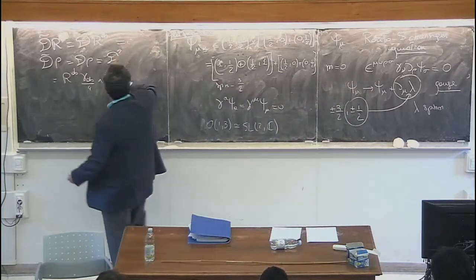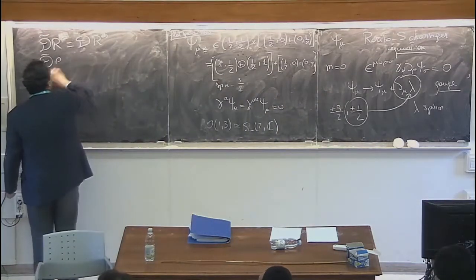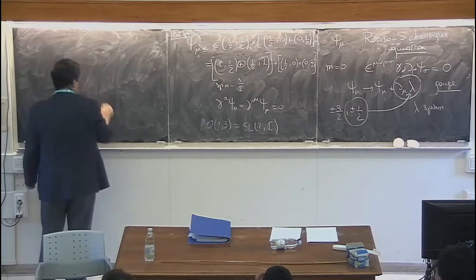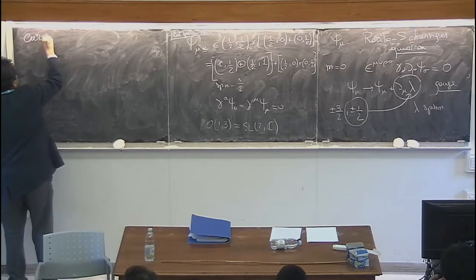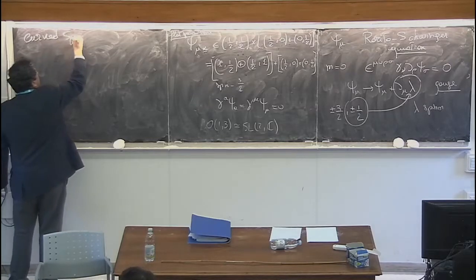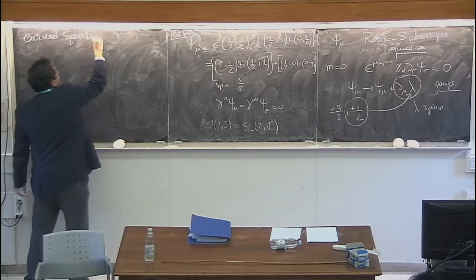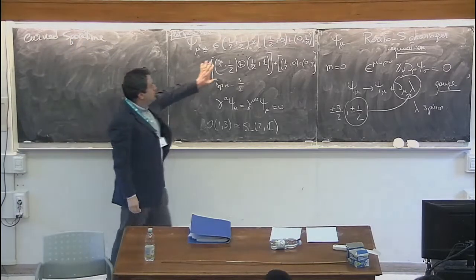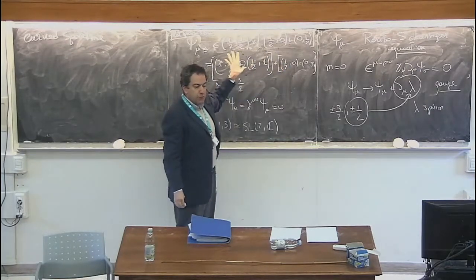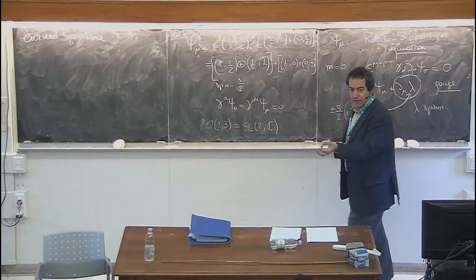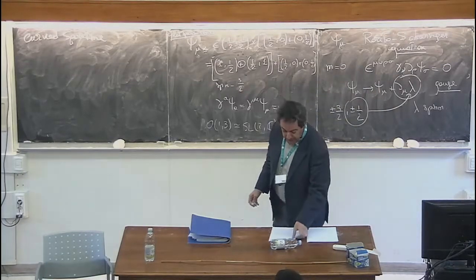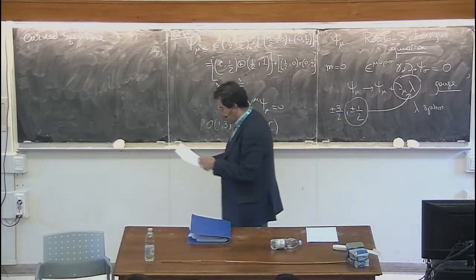Now, what happens in curved space-time? Well, in curved space-time, this group theoretical characterization refers to local Lorentz, the Lorentz which is defined pointwise in each point in space-time.